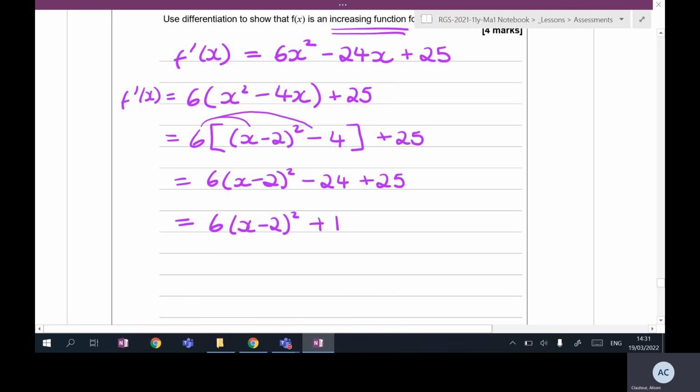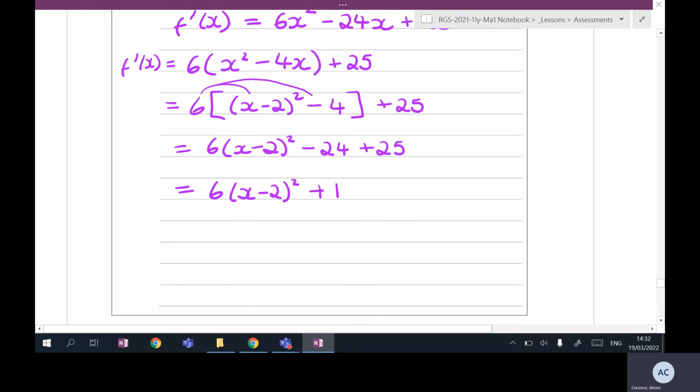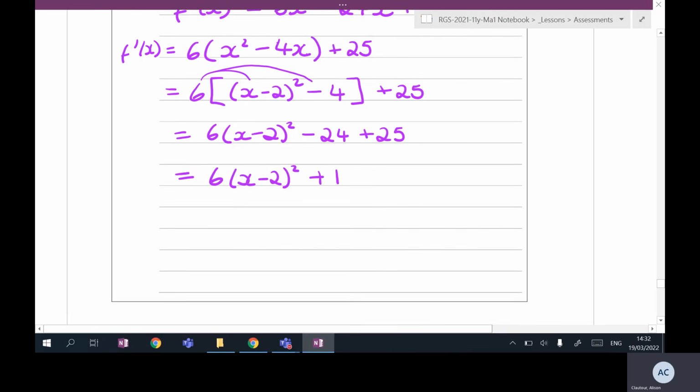Okay, so think about what that means. We're trying to show this is always positive. x minus 2 squared is a square number. So you can't get a negative square number. A square number will always be positive. You're then multiplying a positive number by 6 and adding 1. So that is always going to be positive. So x minus 2 squared is a square number.